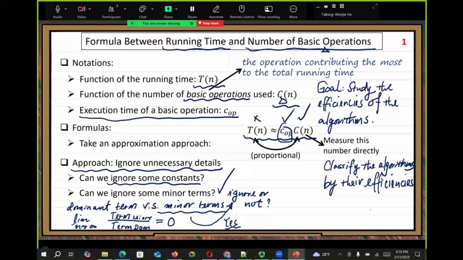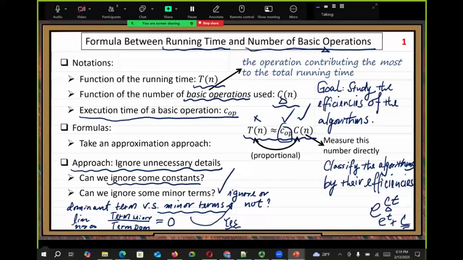If we have e to the c t, where c is a constant, then this constant you cannot ignore, because when you change this constant from 1 to 2, the change is very big. When you have e to the t plus c, then this constant you can ignore. So you need to consider the location of your constant. Some places you can ignore, and some places you cannot ignore.